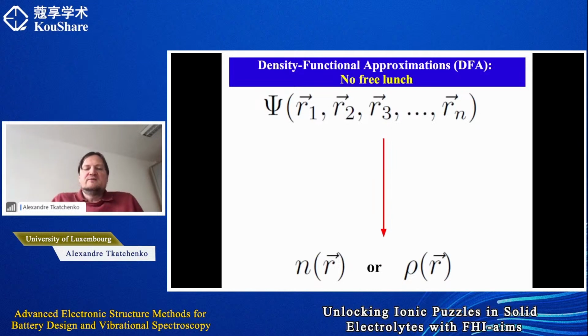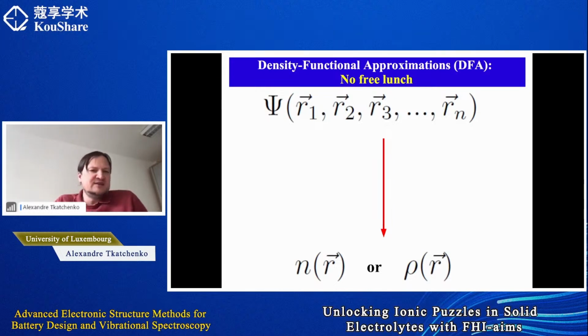Now, usually we employ density functional theory to compute our approximation for quantum mechanical forces. And of course, DFT is in principle exact, but in practice there is a price to pay, and we use density functional approximations, or DFAs.